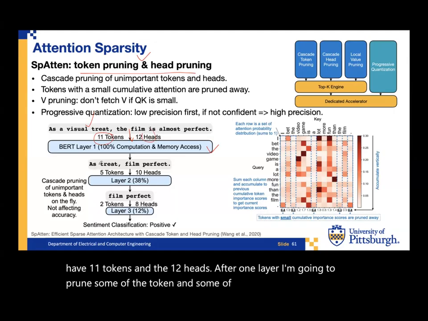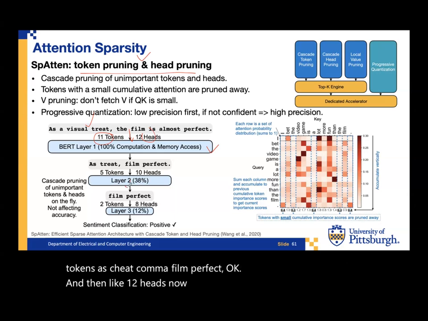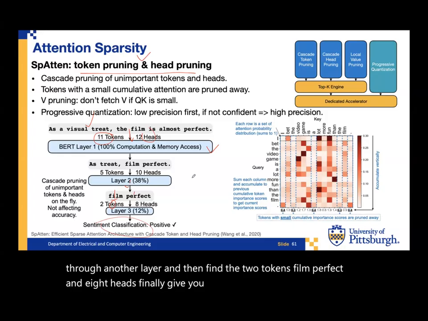I end up with 5 tokens: treat, comma, film, perfect. And the 12 heads are now reduced to 10 heads. Then go through another layer and find the 2 tokens, film perfect, and 8 heads, and finally give you the result.